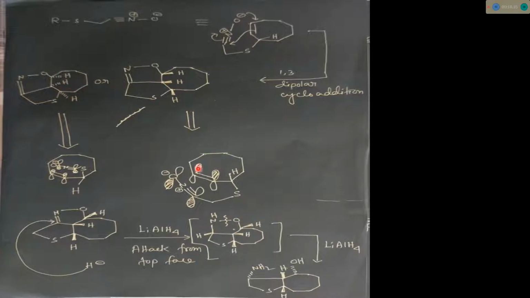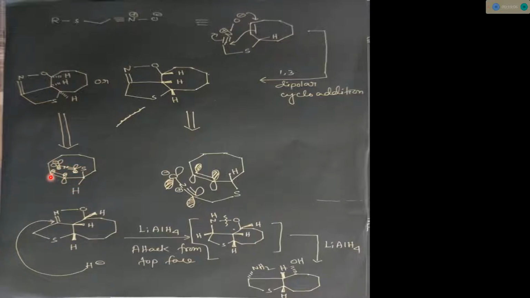If we consider this transition state, where the hydrogen is above, the substituents become below. After ring formation, the hydrogen of this bond and these positions should be the same as this hydrogen, meaning the hydrogen should be above and all the substituents become below the plane. If we consider the other transition state, the hydrogen is below and the substituent containing this nitrile oxide will be above.